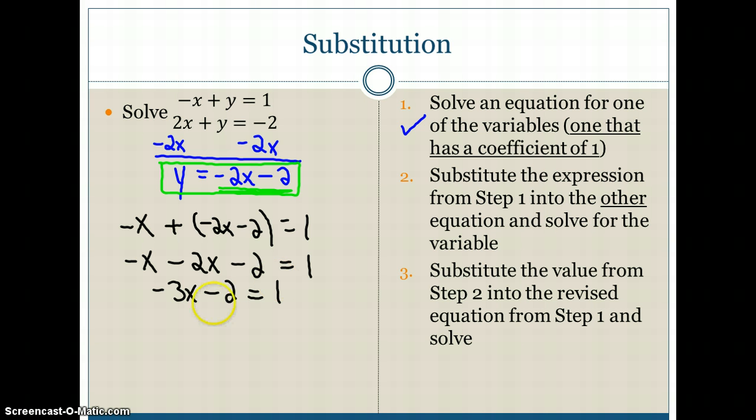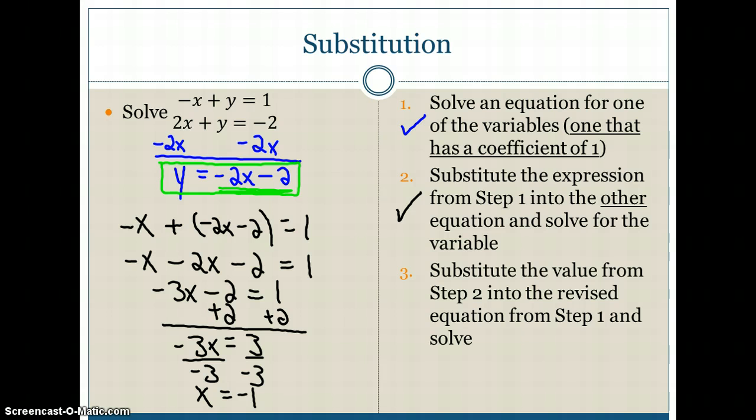We have to add 2 to both sides. We get negative 3x is equal to 3. And the inverse of multiplying is dividing, so we have to divide both sides by negative 3. We get x equals negative 1. So we've completed step 2. We solved this equation for the variable. We got x equals negative 1.